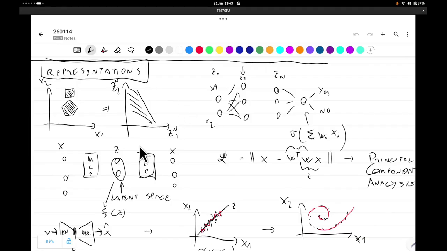And so this observation gives the idea that one can also play around with the learned representation.